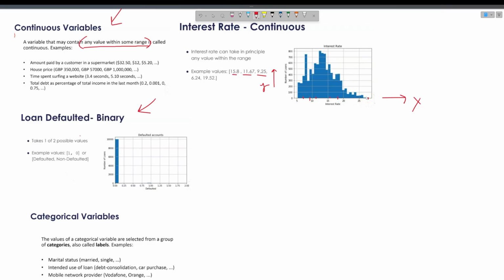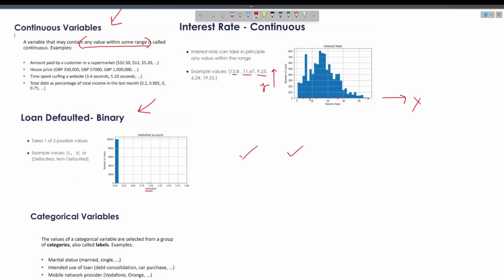Now there is another type, which is called the binary one. When we have loan defaulted, it takes one of two possible values, for example 1 or 0, defaulted or non-defaulted. When someone says this person is loan defaulted or not, either the person will be defaulted or non-defaulted.